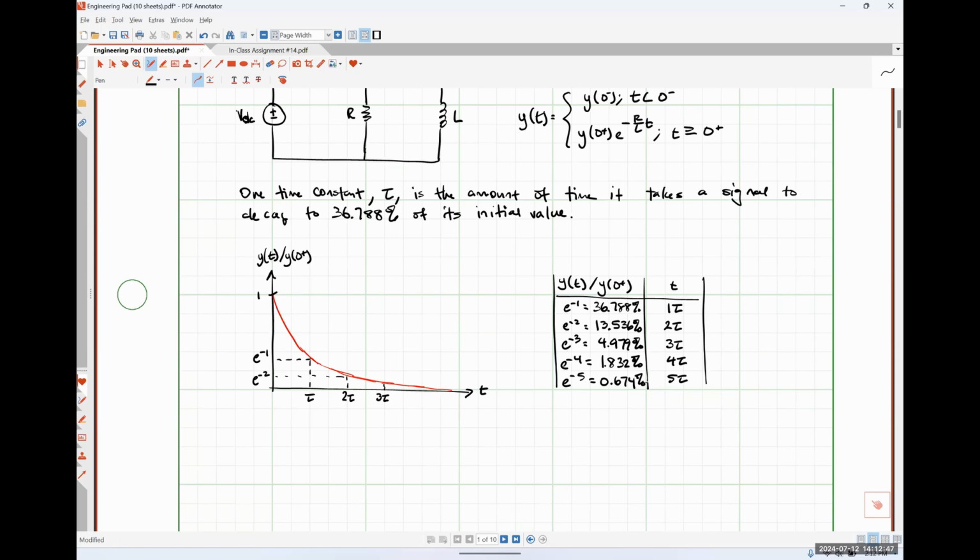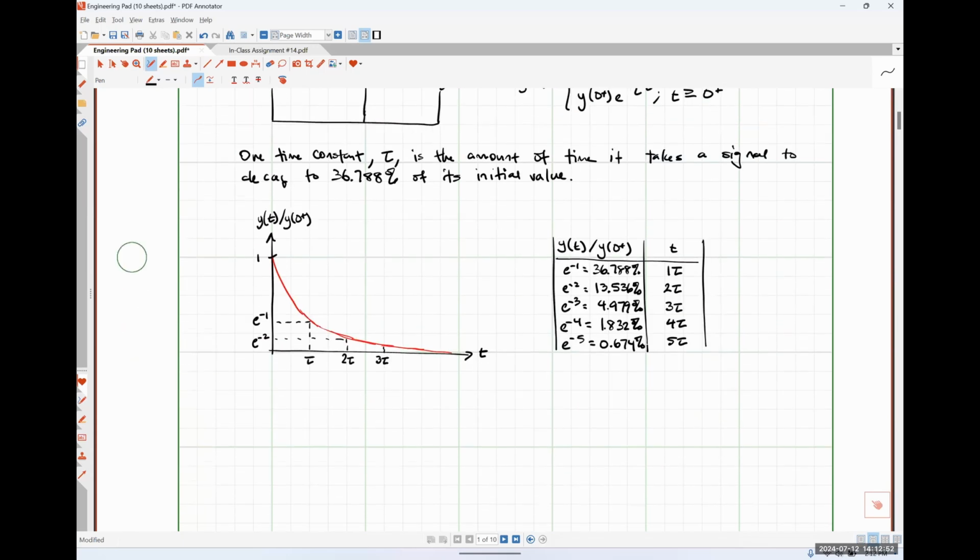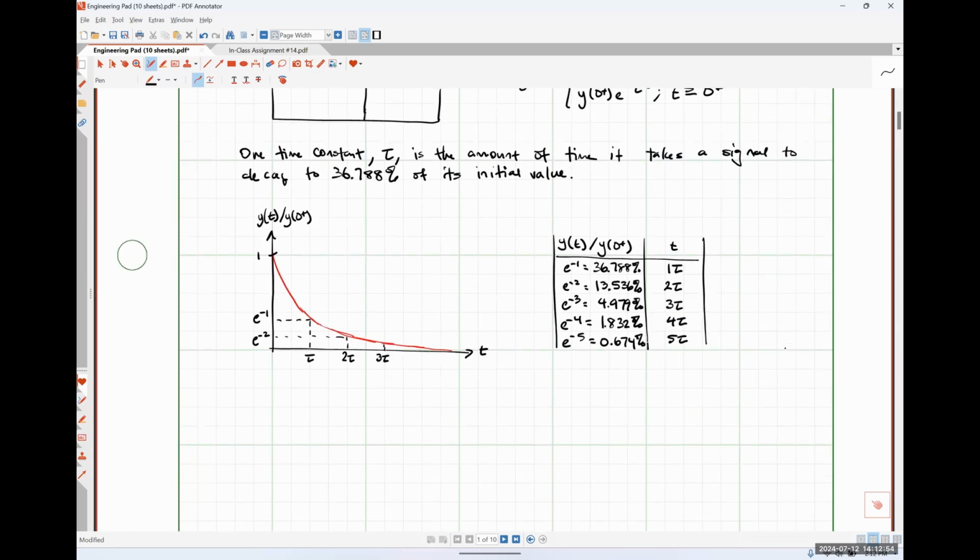So we can modify our equation very slightly to make it work for both RL and RC circuits.